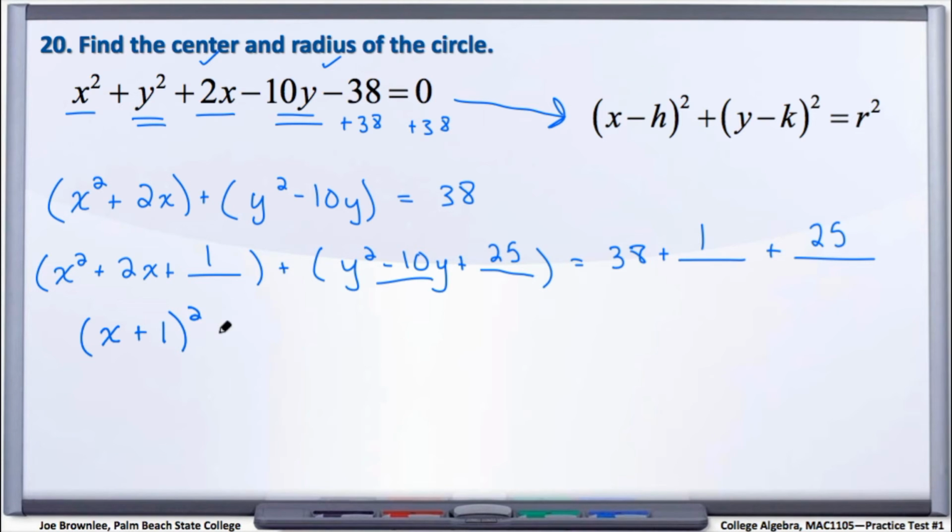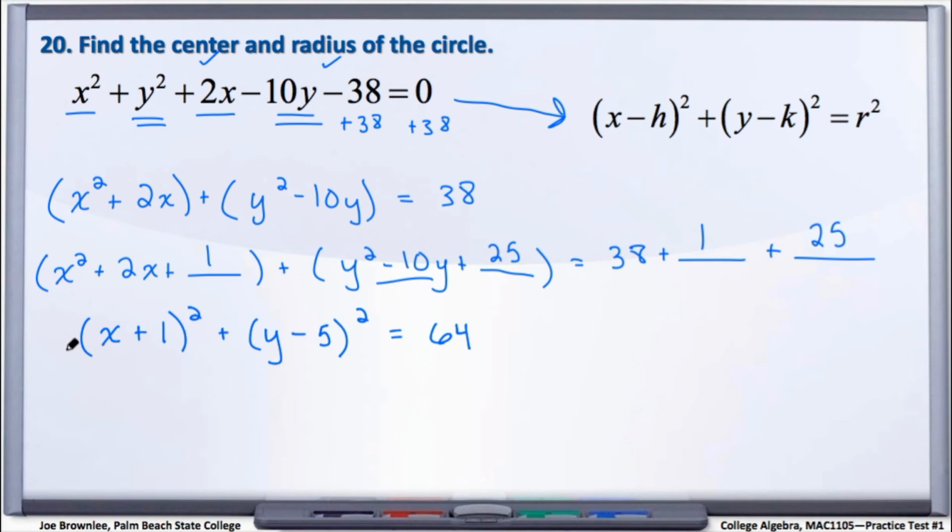We have plus, and then again, let's take these three terms, this perfect square trinomial, and write it as a binomial squared. Here now, notice we're using y's, so we'll use y. The middle sign here is a minus, so we'll say minus, and then half of 10 is 5, squared, equals 38 plus 1 is 39, 39 plus 25 is 64.